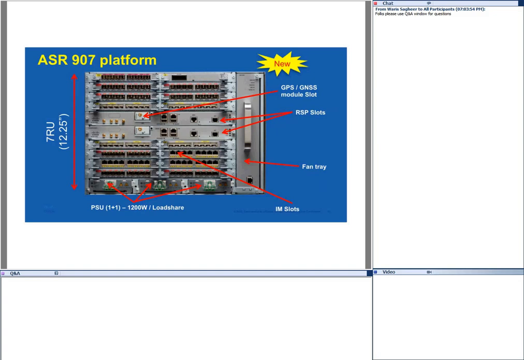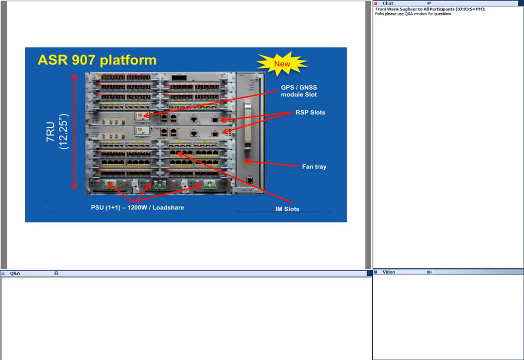On top of the RSPs, you see 8 IM slots, and in the bottom of the two RSPs, you see the remaining 8 IM slots. So there are a total of 16 IM slots in ASR907. And there are 3 power supplies all the way down below, and all the way towards the right, you will see a fan tray.